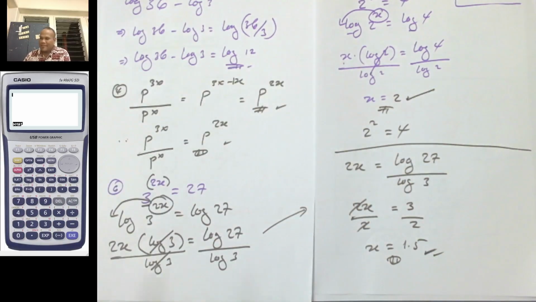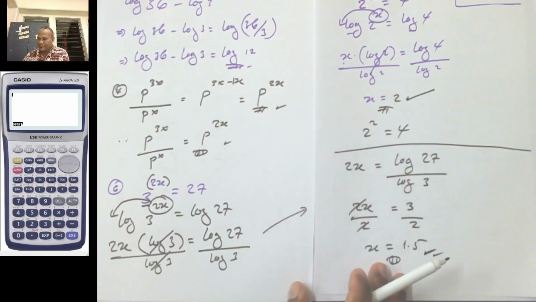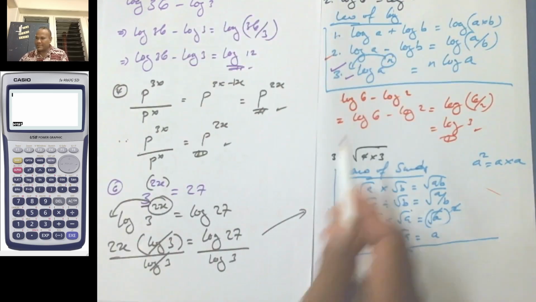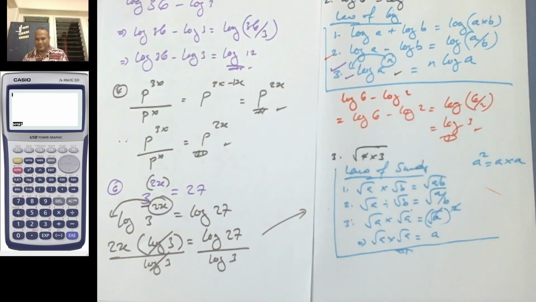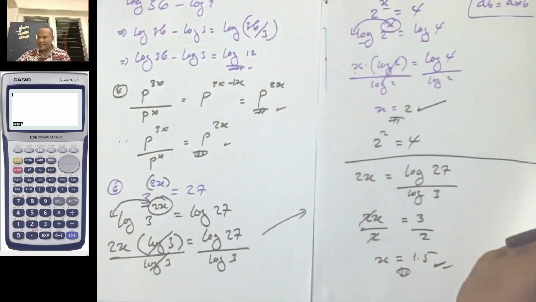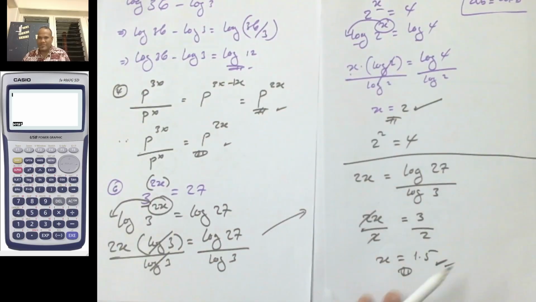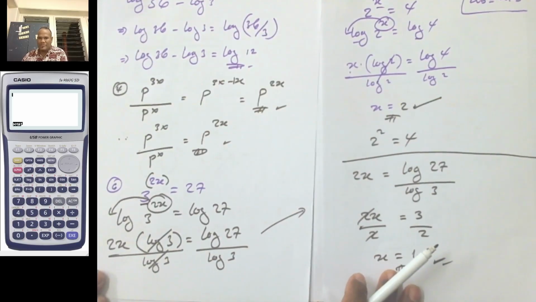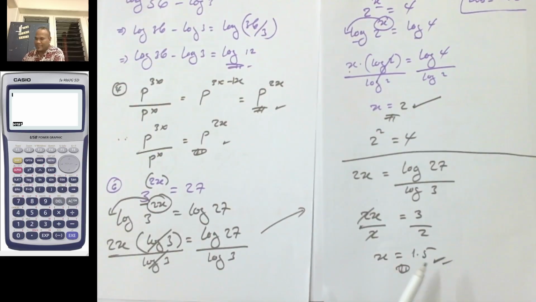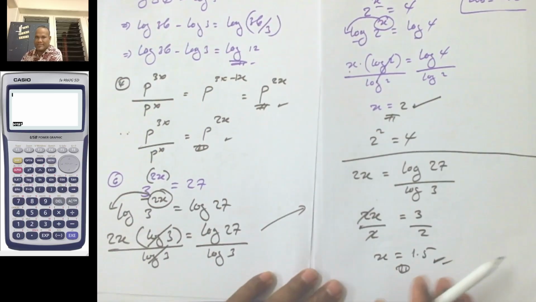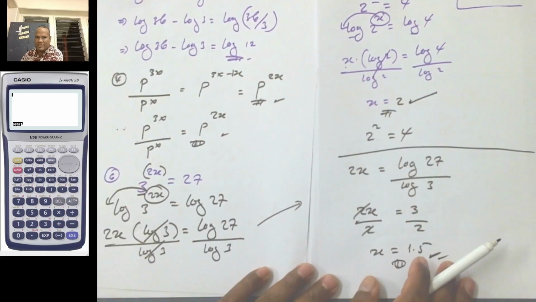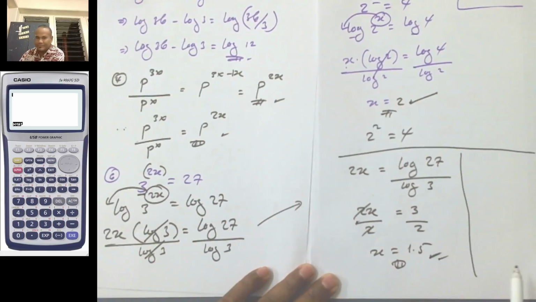That's the application of this third law. So that's the application of this question. I want you to use the same concept. Try this out. This is an exam type question.